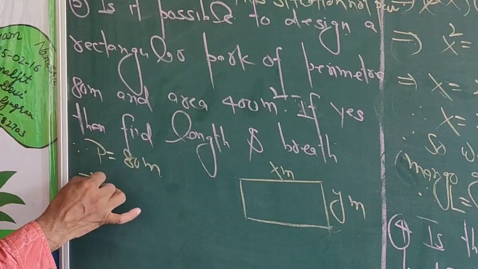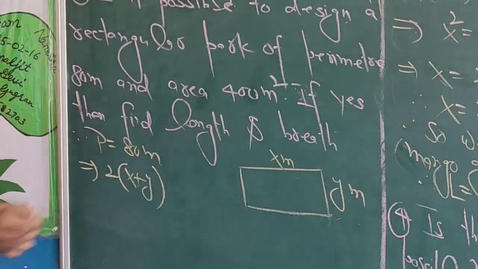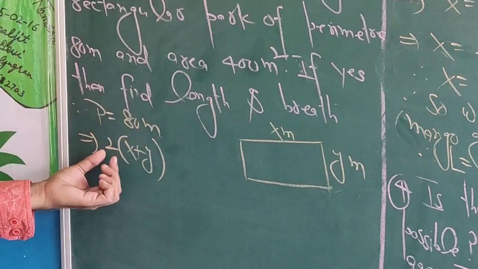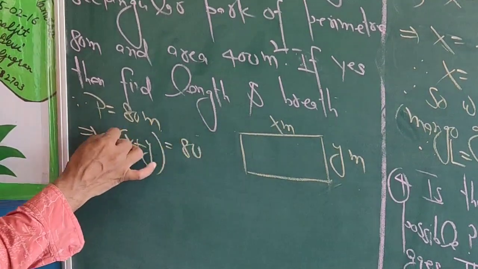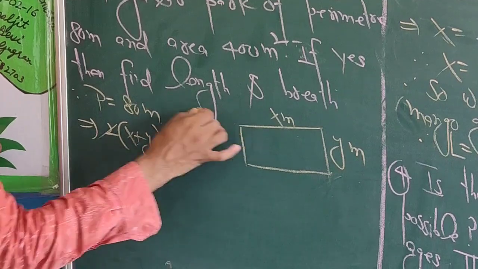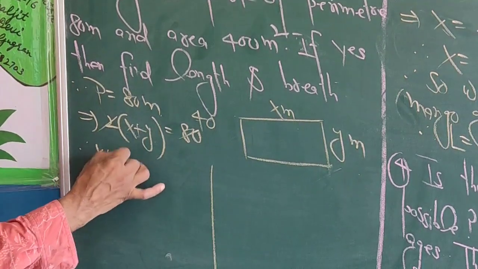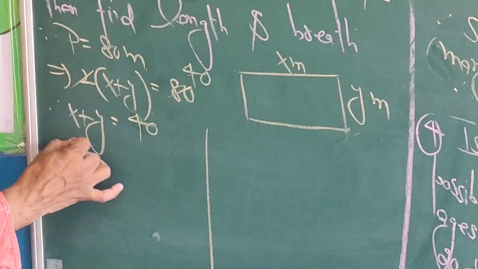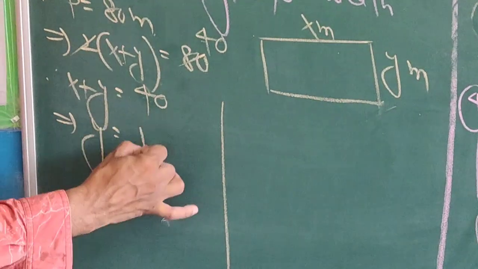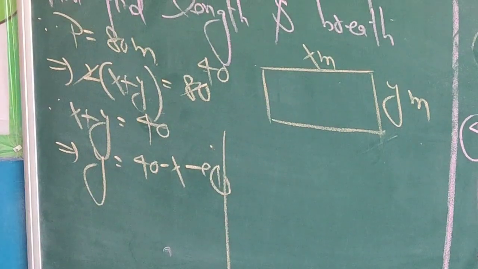This implies 2 times x plus y. We know the perimeter of rectangle is 2 times length plus breadth is equal to 80 meter. Therefore x plus y is equal to 40. This implies we get the value of y is equal to 40 minus x, and it can be written as equation number 1.